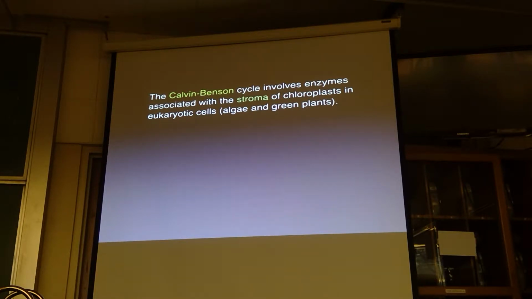So they don't just have their enzymes floating freely in the cytoplasm. Their enzymes are concentrated. Apparently this has to do with the fact that the primary enzyme that they use is not terribly efficient. And so what plants do is kind of congregate the enzyme inside their chloroplast. And if we're talking about bacteria, they concentrate the enzymes inside of carboxysomes.